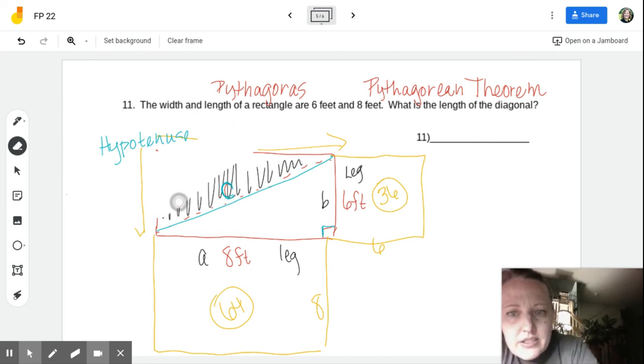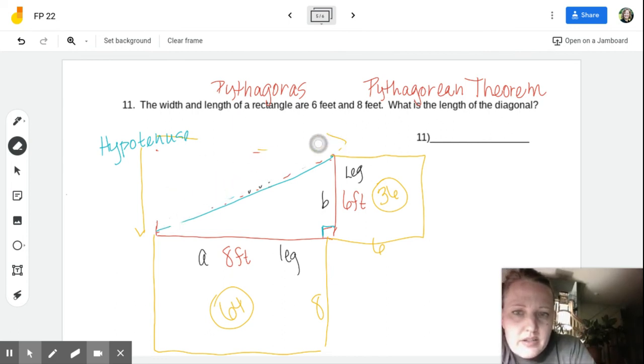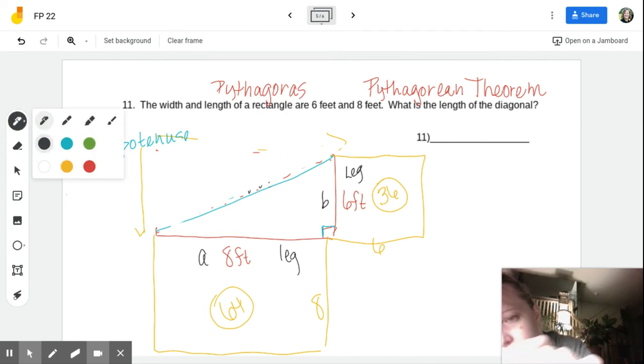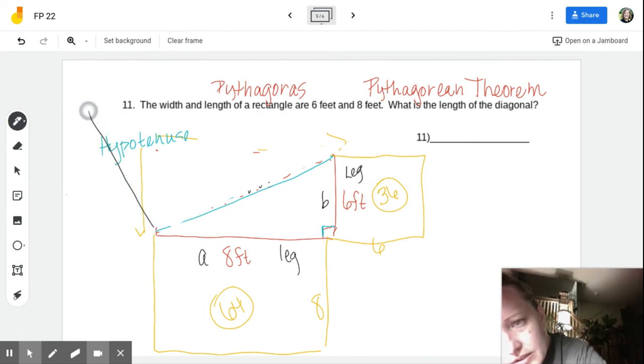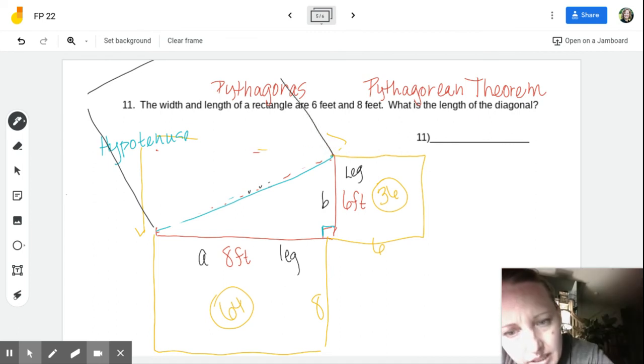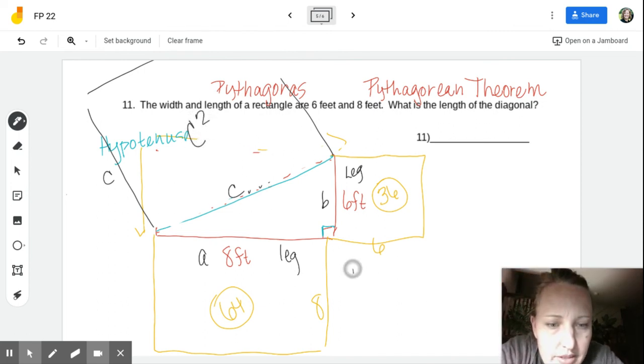I'm going to erase this right here, and I'm going to draw a giant square, just going to kind of go off the edge. Imagine it's C by C, which is C squared. So A squared plus B squared equals C squared.